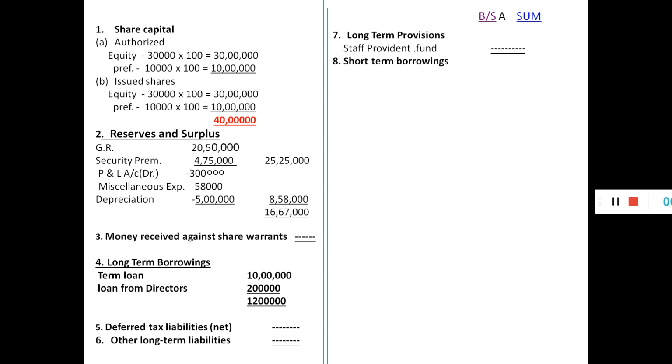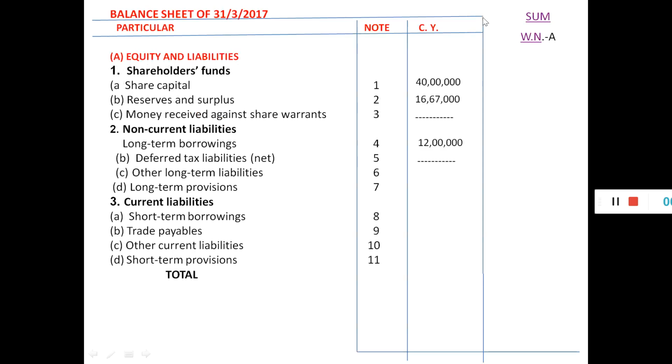Note number 8, short-term borrowings, no item is there. Trade payable. Note number 9, trade payable. One thing is there, creditors 11 lakh 45,000. Go to the calculation of note number 10 and 11.